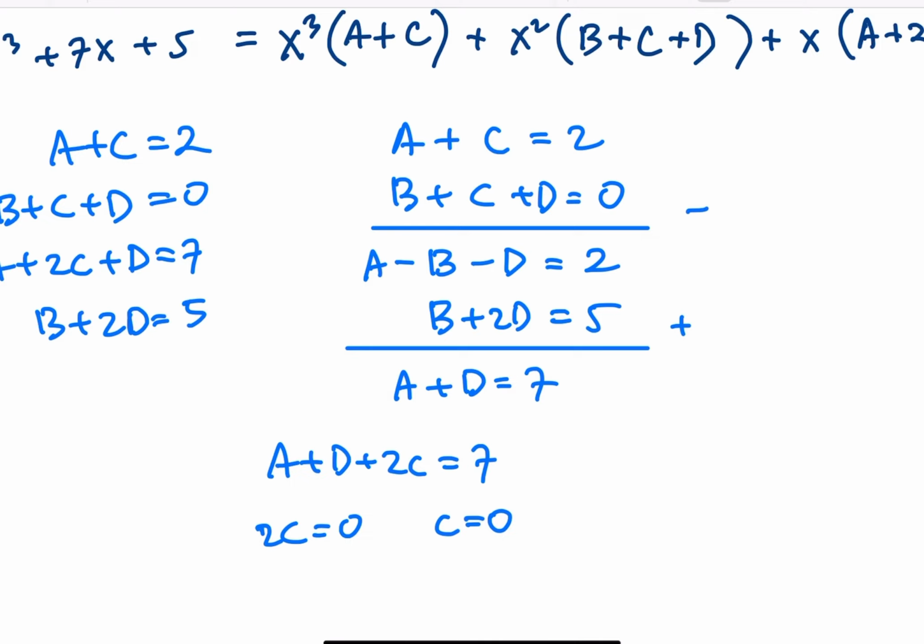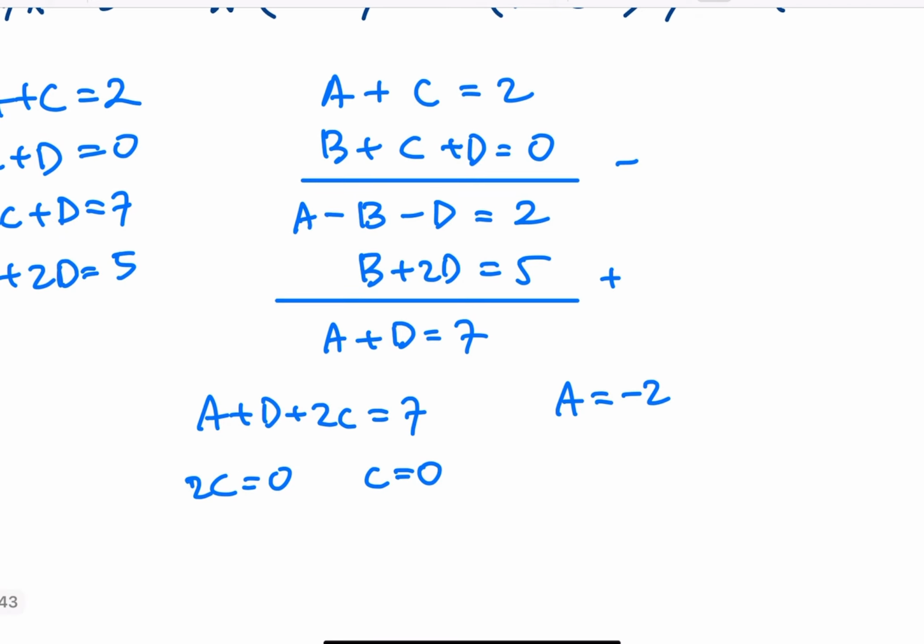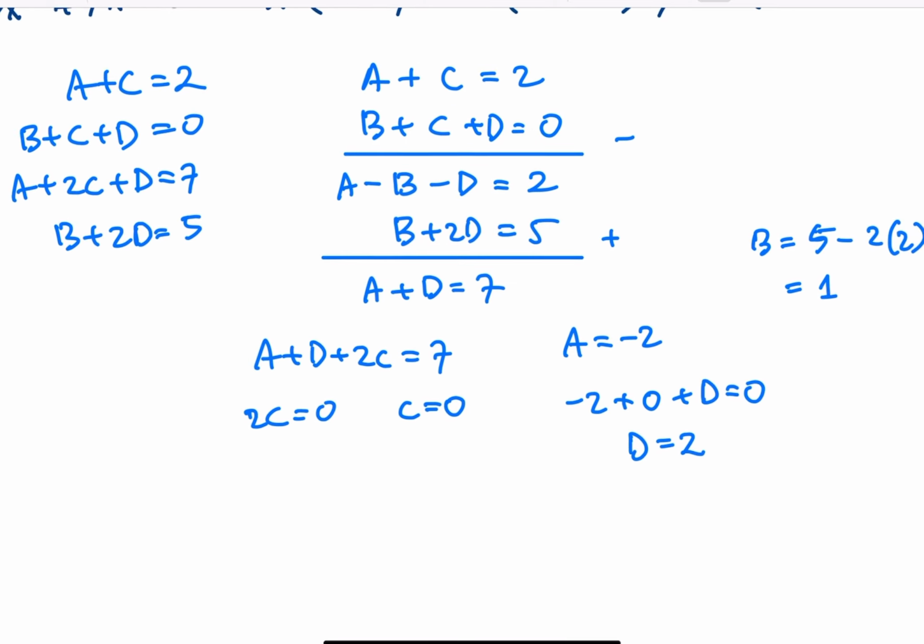C is 0. A is -2 then. And because a is -2 plus 0 plus d is 0, so d is 2. So b is 5 minus 2, so it's 1. Okay, so I get all the equations.